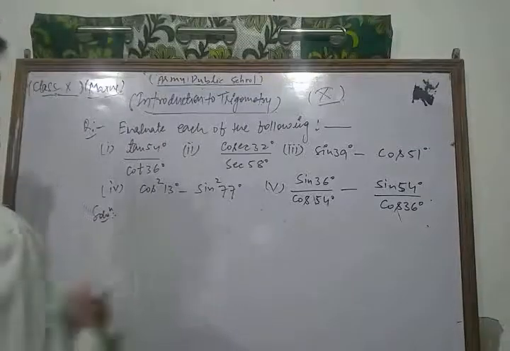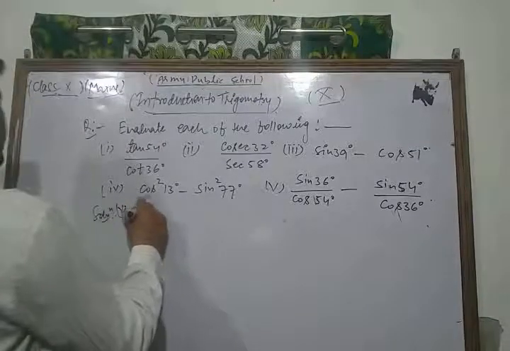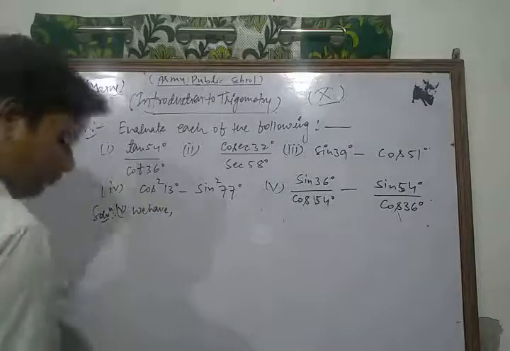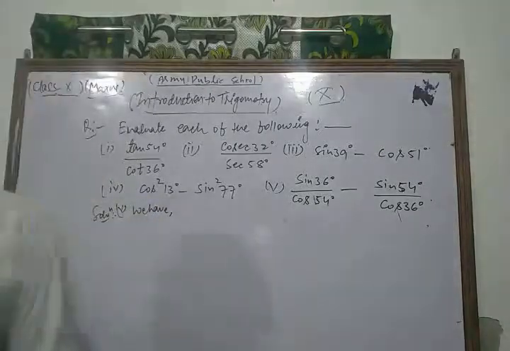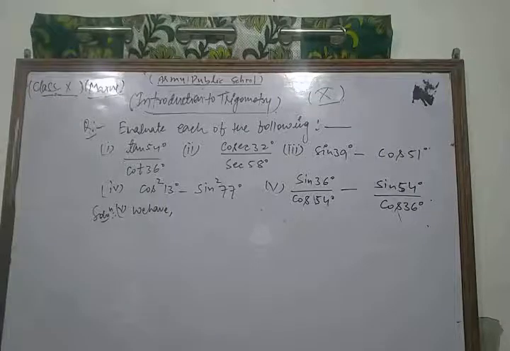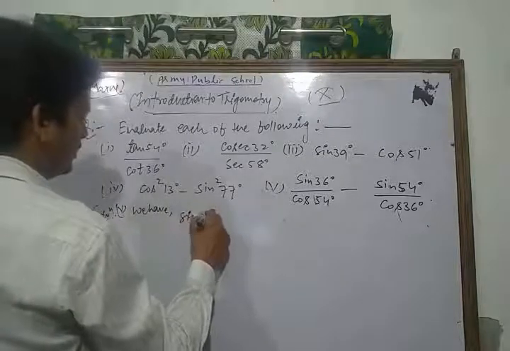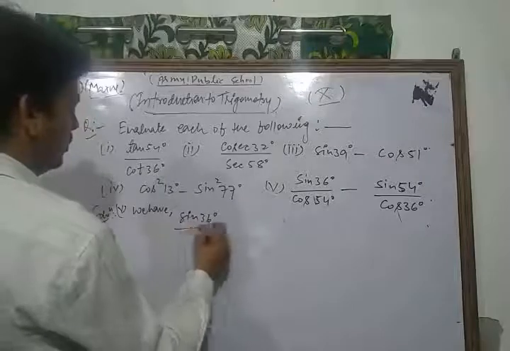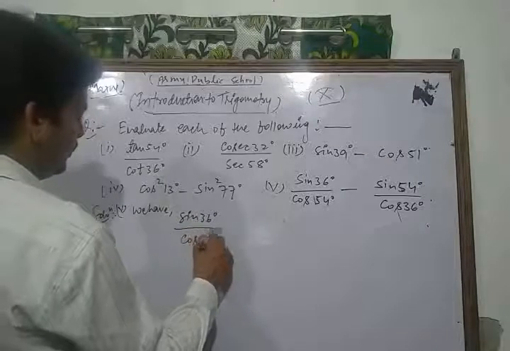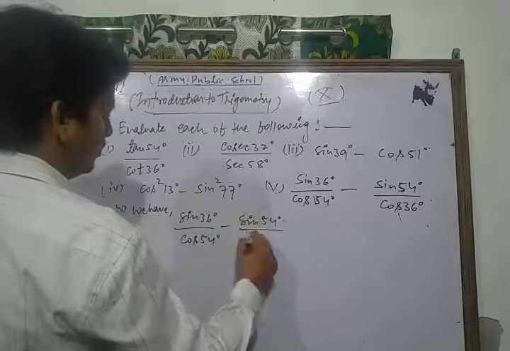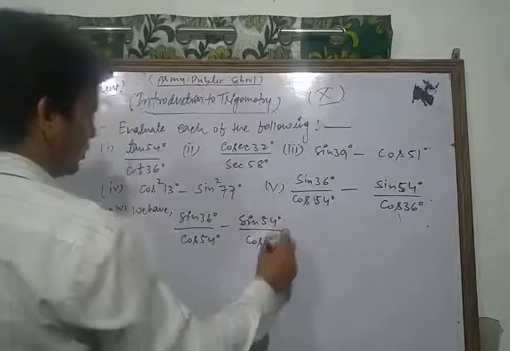And the last part of this question is the fifth part. So first of all we write what we have: sine 36 degree upon cos 54 degree minus sine 54 degree upon cos 36 degree.